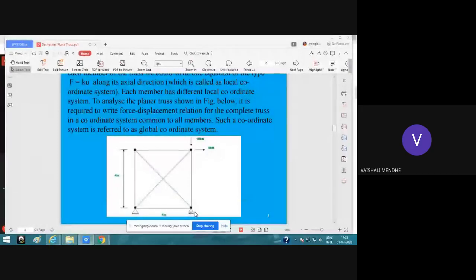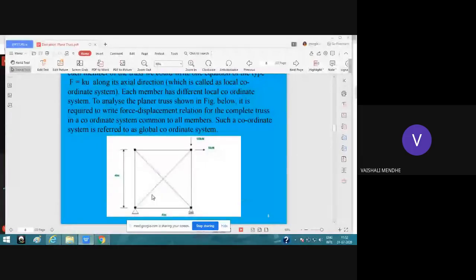So the global coordinate system will be common to all members, and that global coordinate system is referred to for the analysis of the truss.